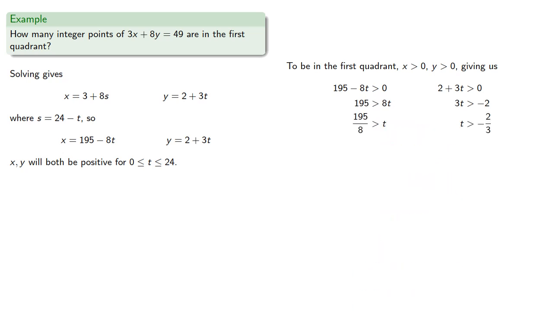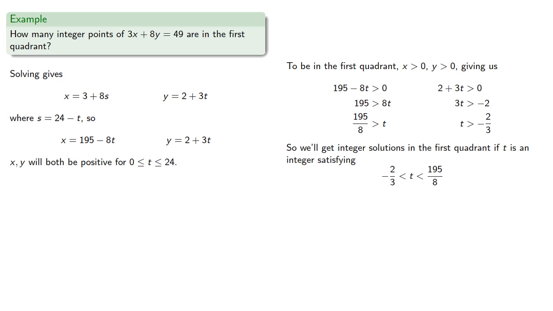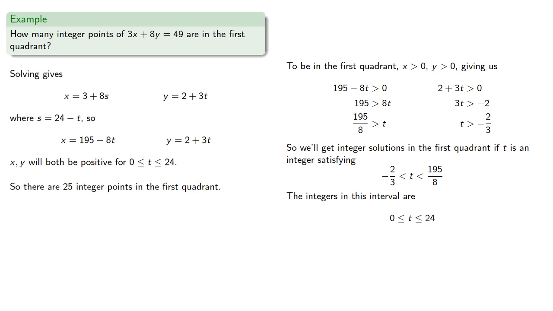We'll get integer solutions in the first quadrant if t is an integer satisfying the inequality. The integers in this interval are between 0 and 24, so there's a total of 25 integer points in the first quadrant.